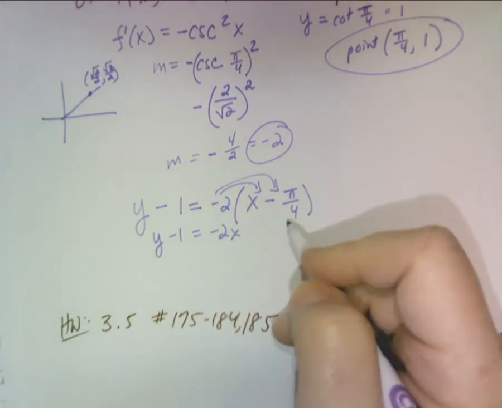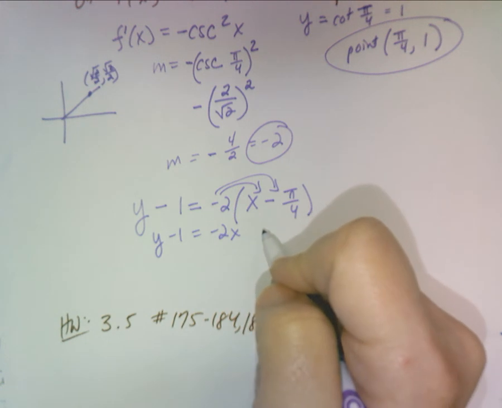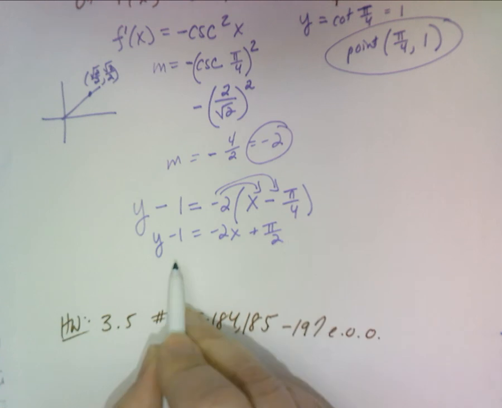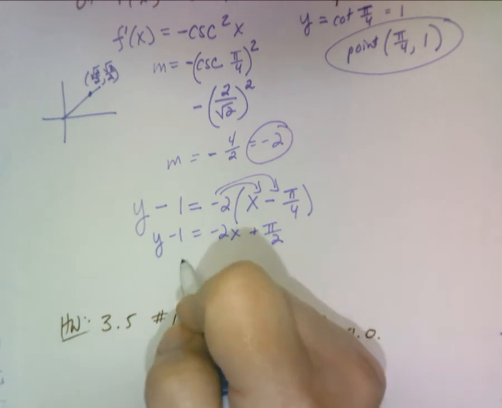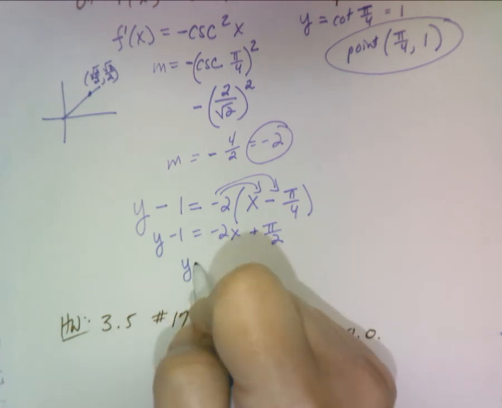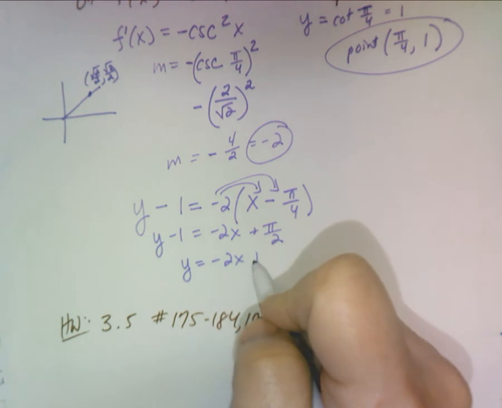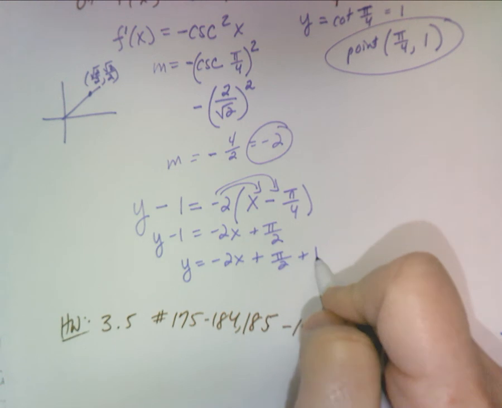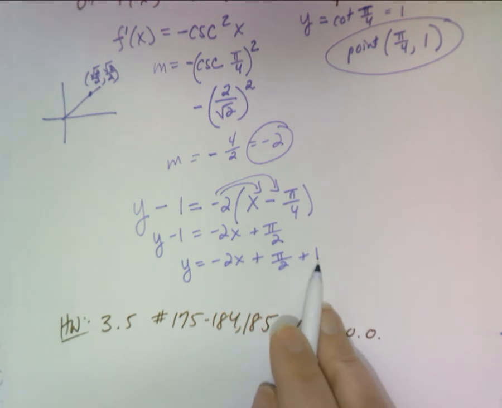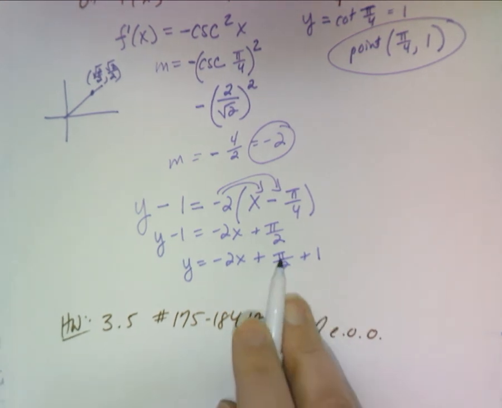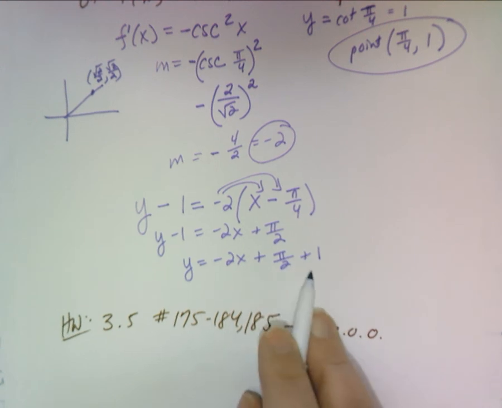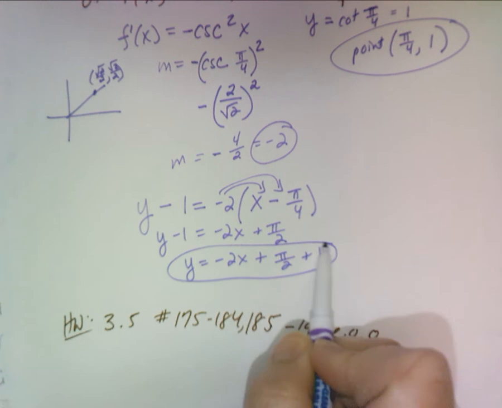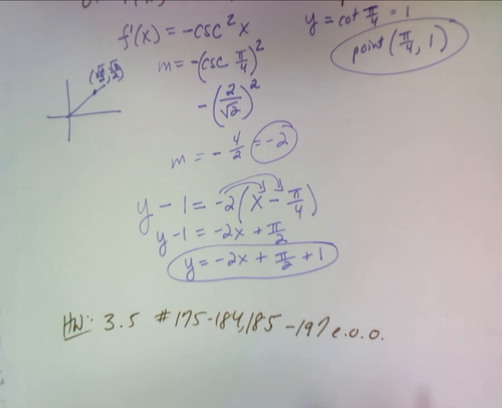Negative 2 times negative pi over 4 would be 2 pi over 4, which is just pi over 2. And then add 1 over. Plus pi over 2 plus 1. You could call it 2 over 2, but then it would just be pi plus 2 all over 2 for that one. It's just better to leave it like this. Looks strange, but that's how you do that problem.